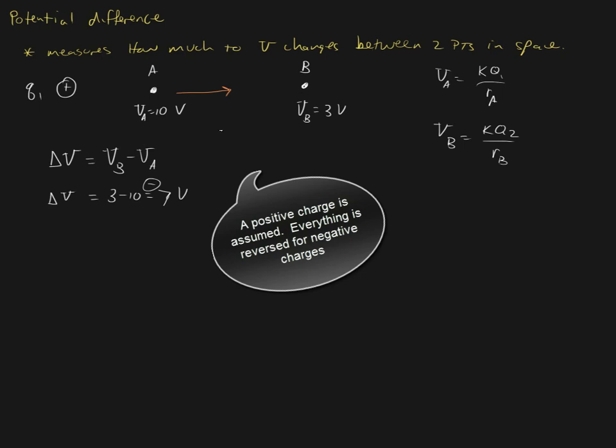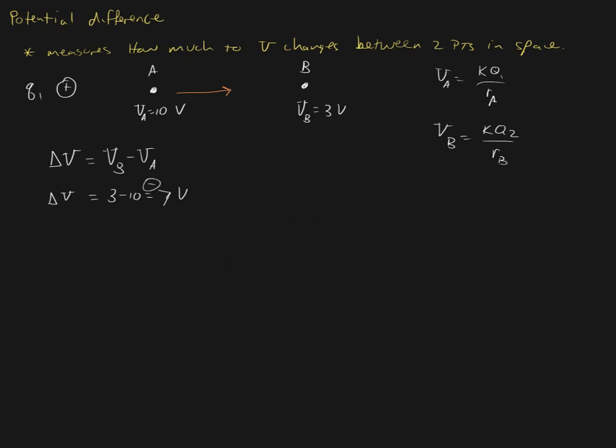Now, on the flip side of things, it's possible that we were going from B to A. And if we're going to go from B to A, then delta V is no longer B minus A, but it's going to be the potential at A minus the potential at B. So delta V in that case is going to be equal to 10 minus 3, which is a plus 7 volts.